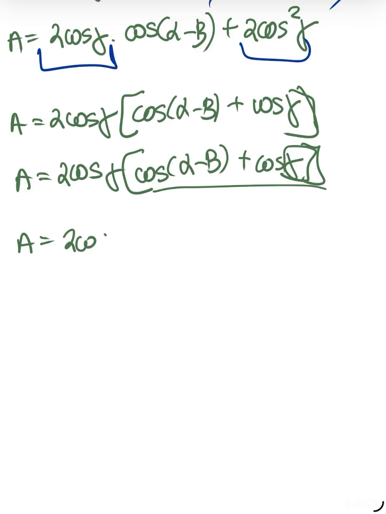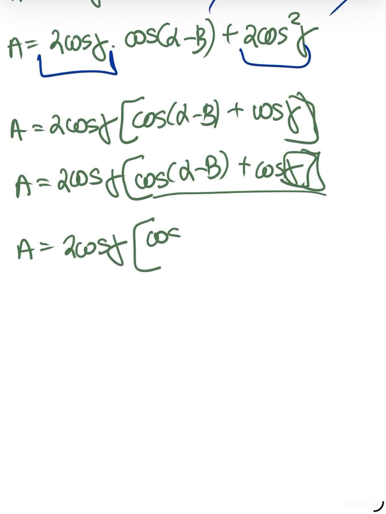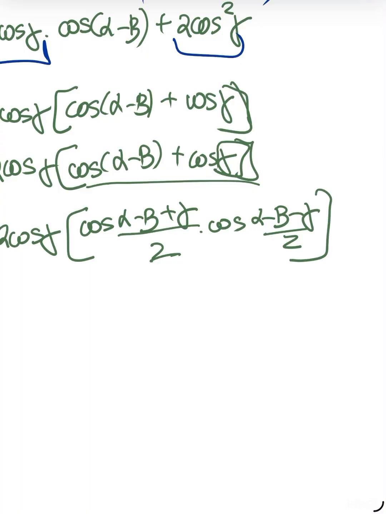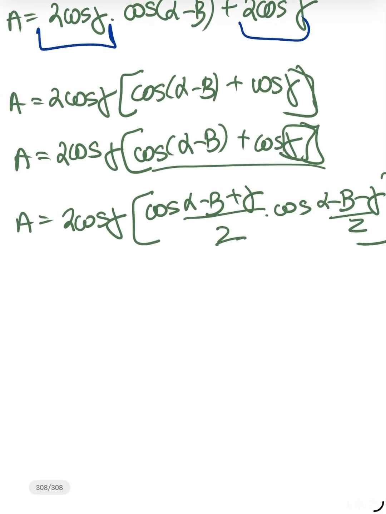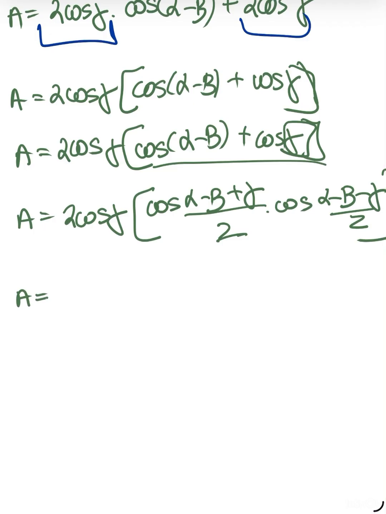So we'll only be using the cosine plus cosine formula: cosine of alpha minus beta plus gamma divided by 2, times cosine of alpha minus beta minus gamma divided by 2. That's what we'll be using. And A is equal to 2 times cosine gamma divided by cosine of, you'll see what.